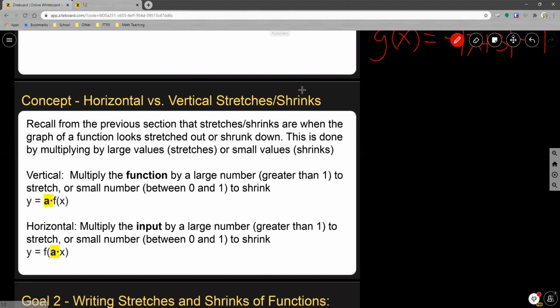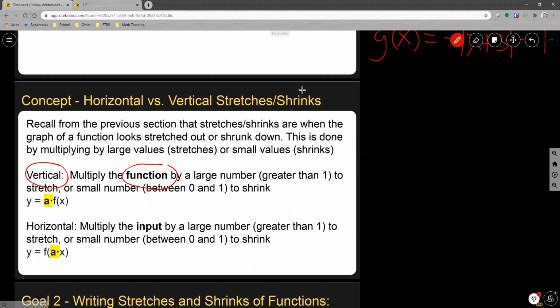So again, recall from the previous section that stretches and shrinks are when the graph of a function looks stretched out or shrunk down. This is done by multiplying by large values for stretches or small values for shrinks. So for a vertical stretch or shrink, we're multiplying the function. Function's always directly connected to the vertical.